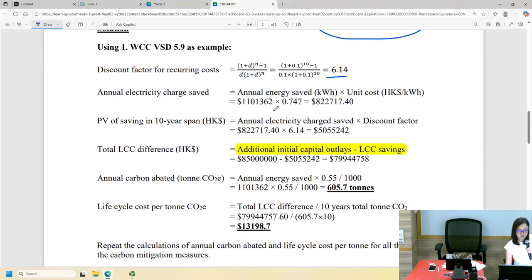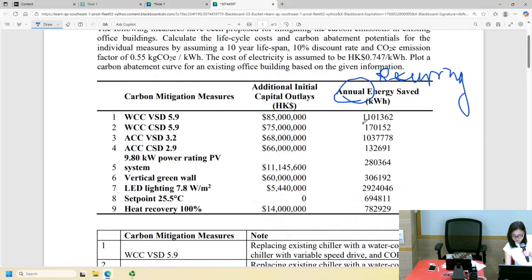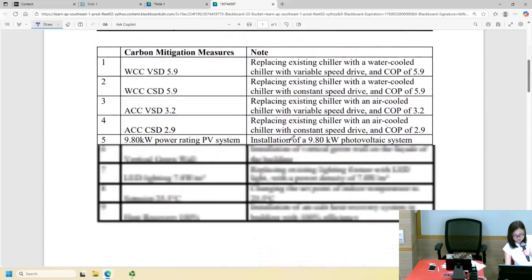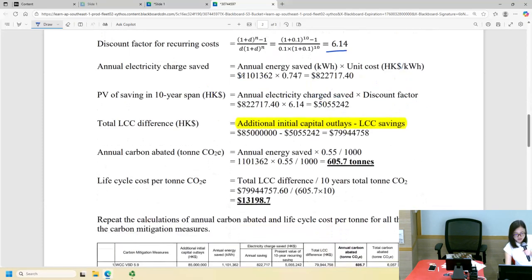And next, we want to find out the annual electricity charge. So the amount of energy that we can save is 1101.1362. So this is actually, I shouldn't put a dollar sign here. So this should be the kilowatt hour, and then multiply by the unit rate of $0.747 for every kilowatt hour.